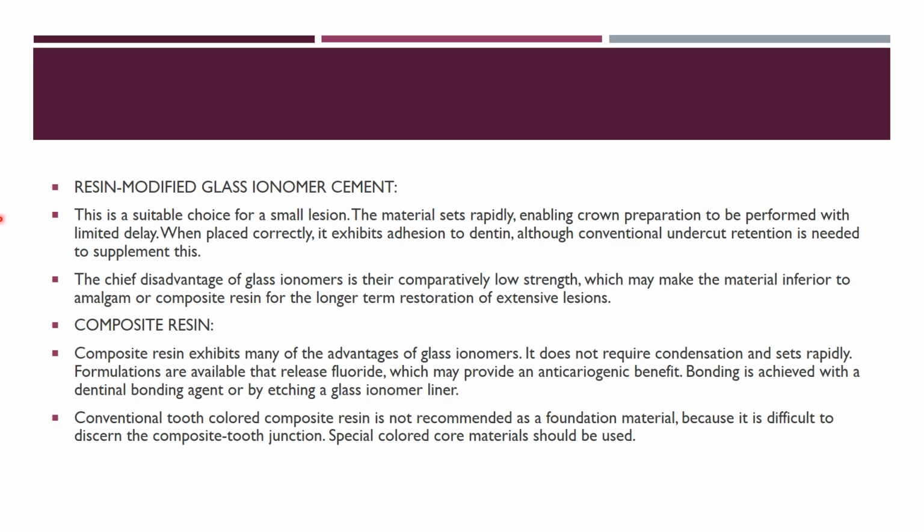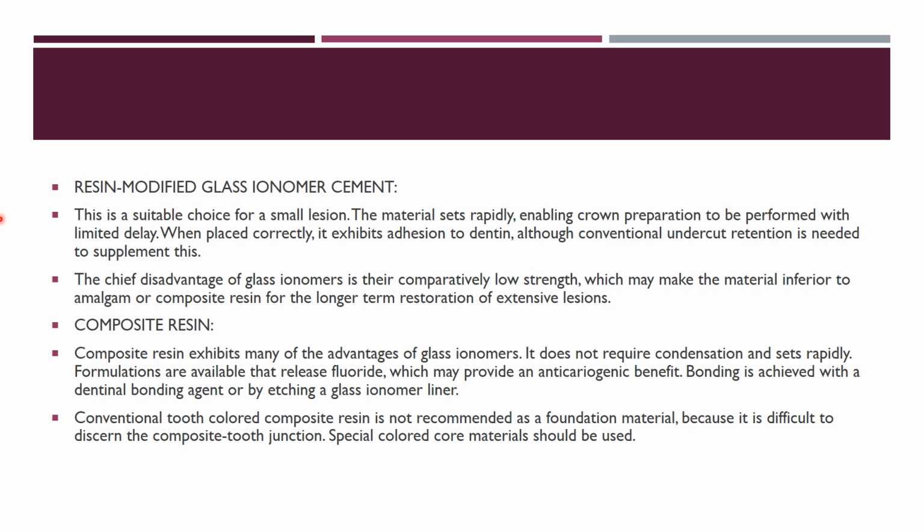Okay, coming to the resin modified GIC, which is very suitable for small lesions. The material sets rapidly, enabling crown preparation to be performed with limited delay. Okay, so when placed correctly, it exhibits adhesion to dentine, although conventional undercut retention is needed to supplement this.